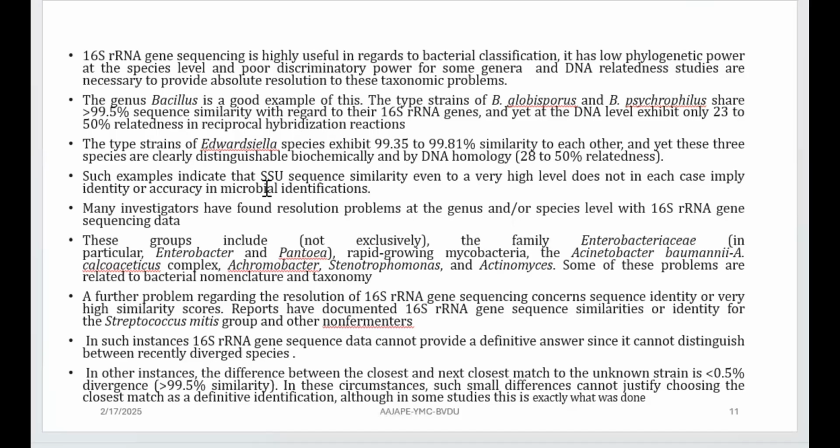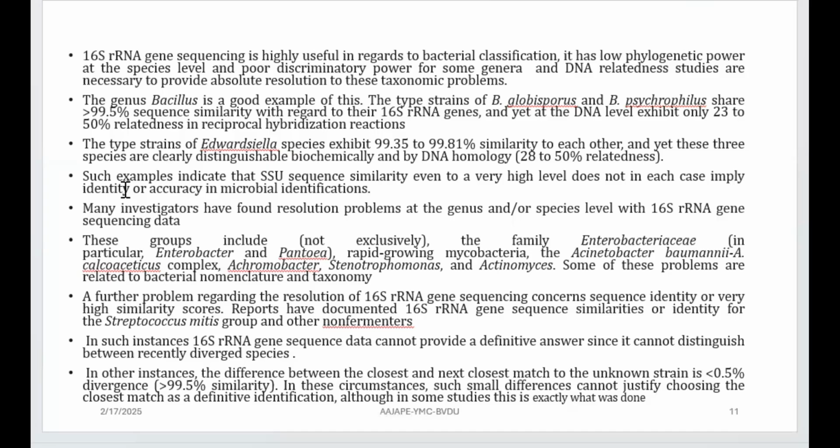So such examples indicate that small subunit sequence similarity, that is 16S rRNA or 18S rRNA in eukaryotes, even though it is showing a very high level, does not in each case imply identity or accuracy in microbial identification. It is a very important statement that describes the limitation of 16S rRNA or 18S rRNA sequencing as a tool for taxonomic purposes.